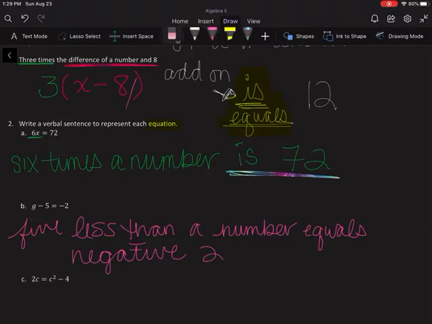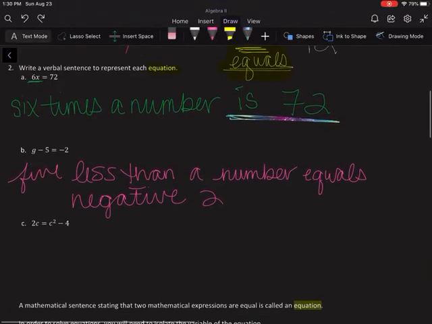Again, I'm not going to say that you have to use that. I like the differentiation there. I like when students mix it up. But you could say 6 minus 5 equals -2. I'm okay with that.